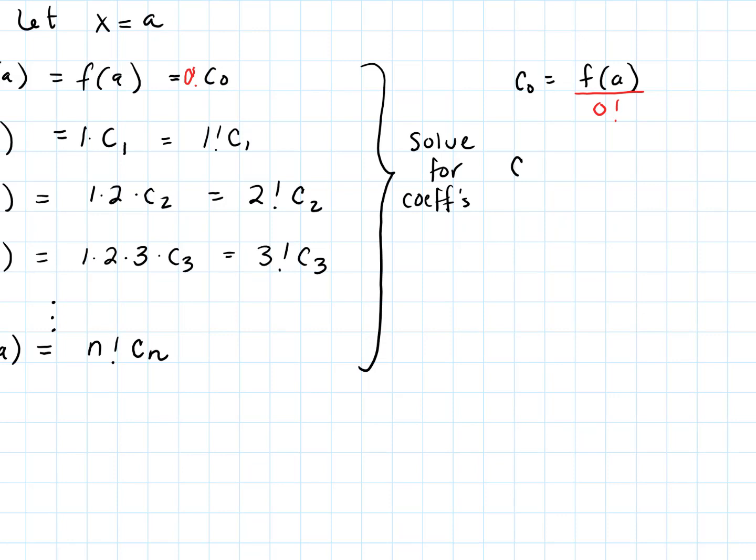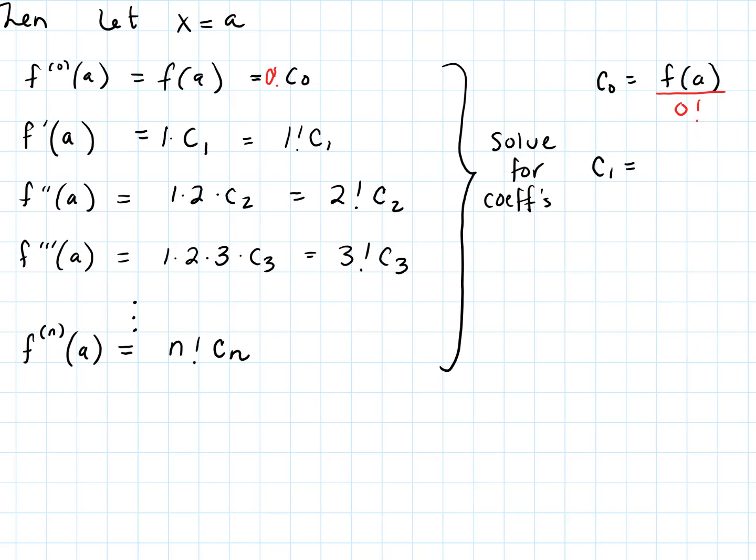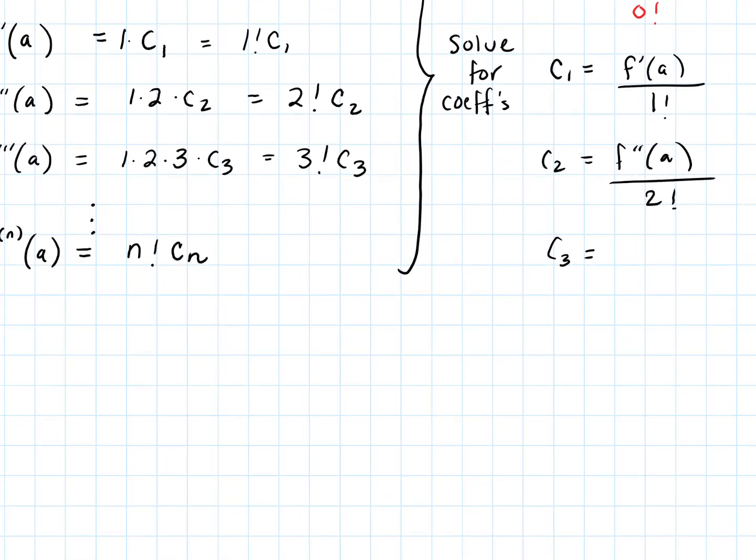And c1 is equal to the first derivative at a over 1 factorial, and c2 is the second derivative at a over 2 factorial, and c3 is the third derivative evaluated at a over 3 factorial.